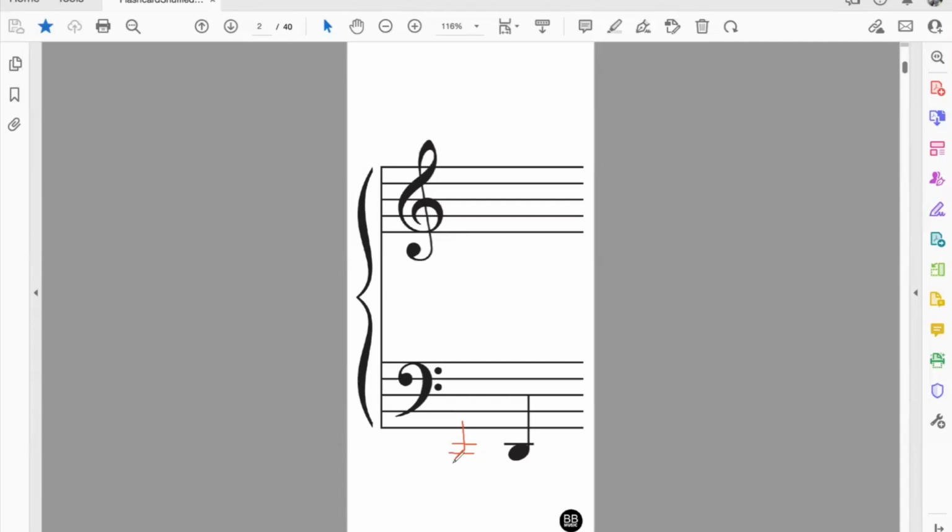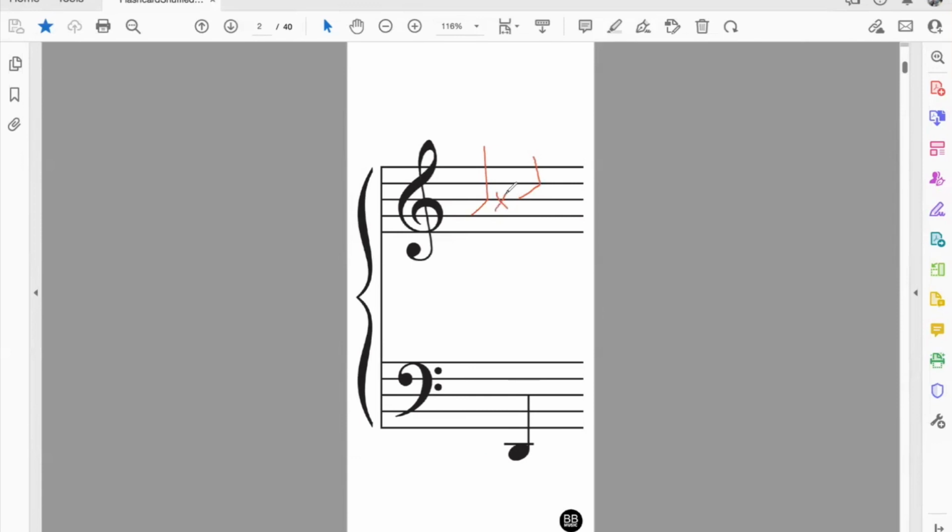A line to a space is a step, right? True? Okay. A space to a line is a step. True? A space to a space is a skip.